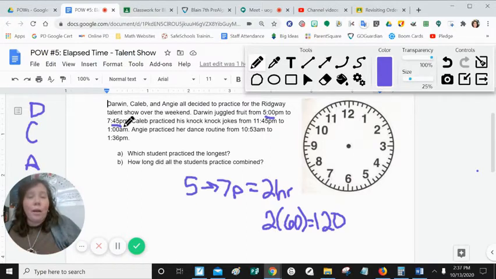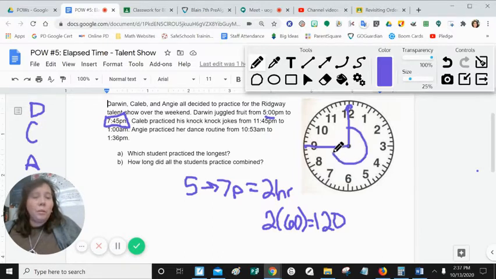Now I'm going from 7 p.m. to 7:45. So basically, from when my hand is on the 12 to when it's on the 9, I'm looking at this block of time right here on my clock. Every number on the clock corresponds to 5 minutes.